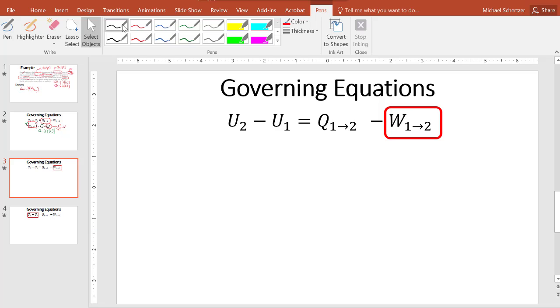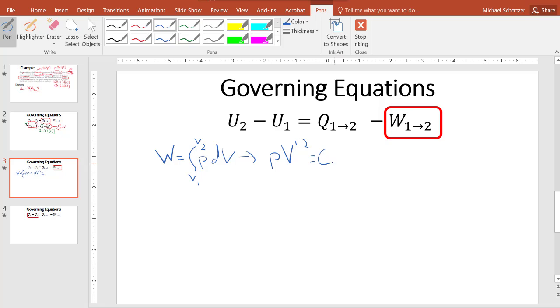So now we're going to try to find the work. We know that work is the integral of p dv from v1 to v2. And then the problem also tells us that p v to the power of 1.2 is some constant.